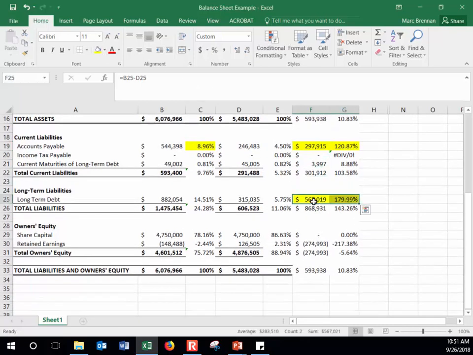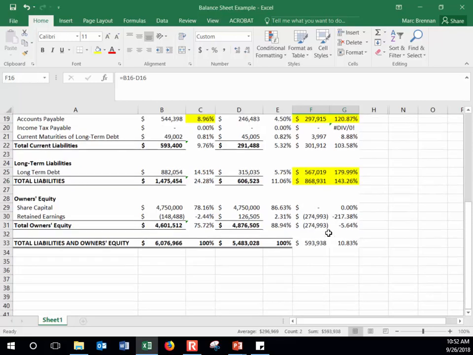Look at how much more money we borrowed for the long term from year to year. $567,000 more in debt. And overall, if you look at our overall debt, we've borrowed $868,000 more. Okay? So of this $593,000 increase, we borrowed $868,000 to get this. Okay? Think of it that way.